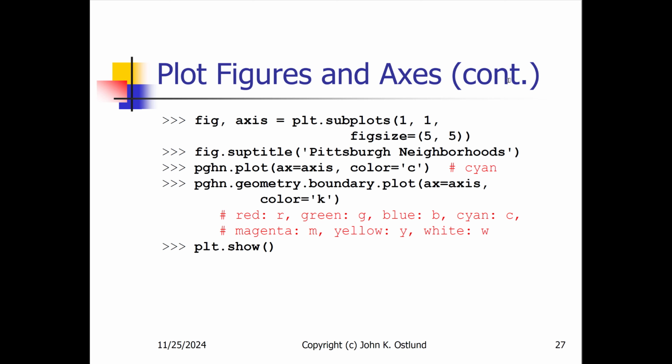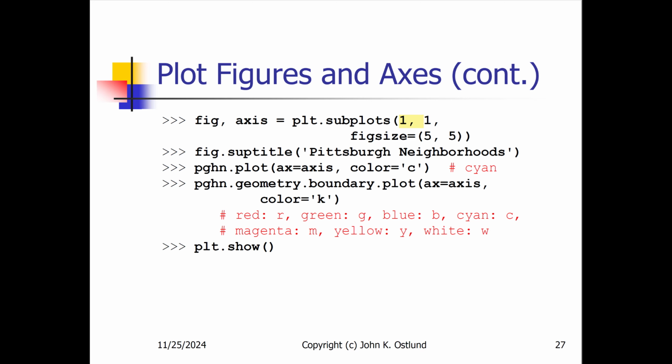Now, we can also combine both of these plots together into a single figure. So this time I'm going to create a single figure, 1 row, 1 column, and I'm going to put both plots into the same axis. Now, since this is 1 by 1, and therefore there's only a single axis value rather than 2, I do not get an ND array of axes, I just get a single axis. Let's confirm that that actually works as I claim.